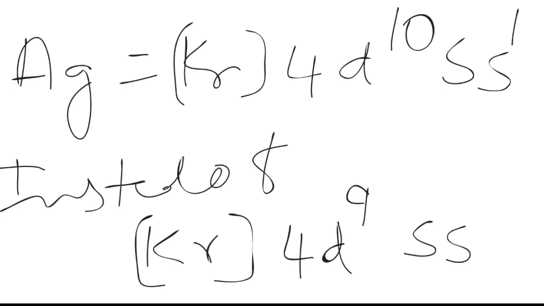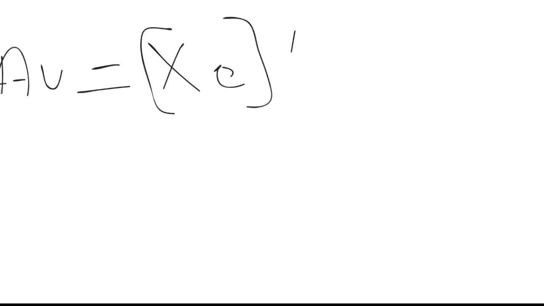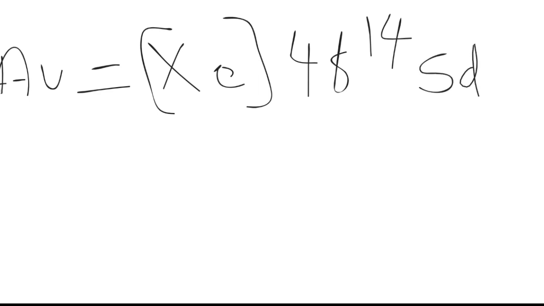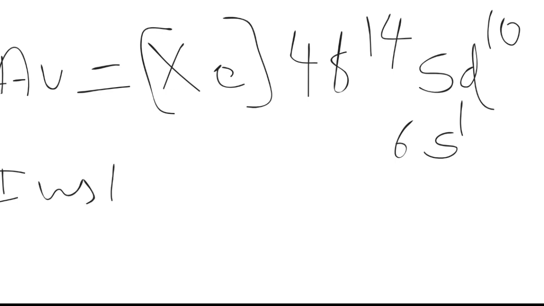In the third and fourth transition series also, we can have this type of exception, like gold in the third transition series, having xenon 4f14 5d10 6s1 instead of xenon 4f14 5d9 6s2.